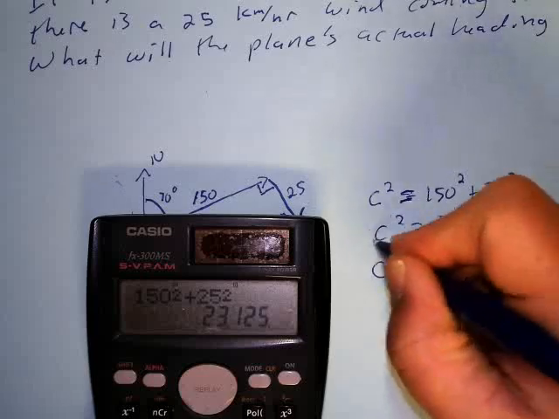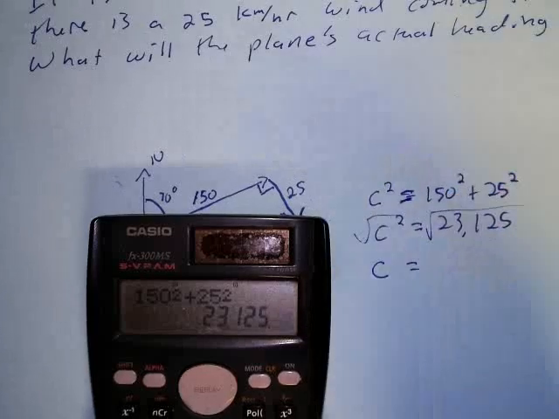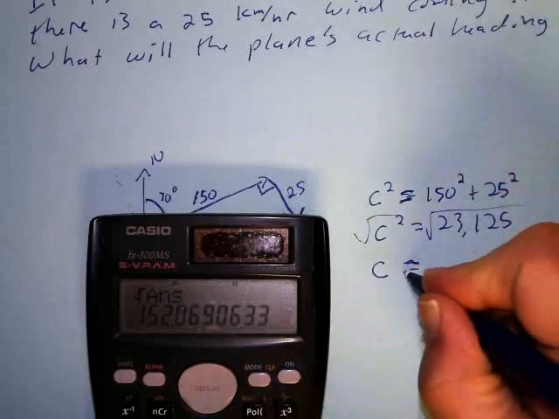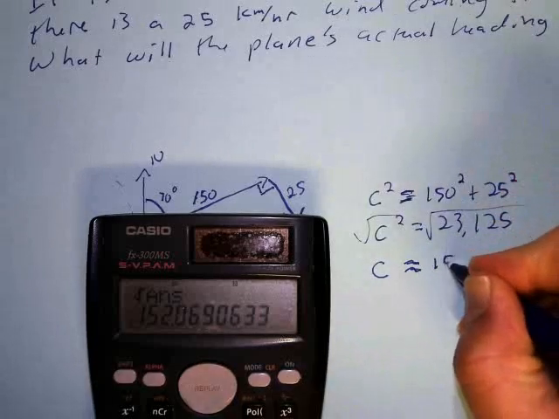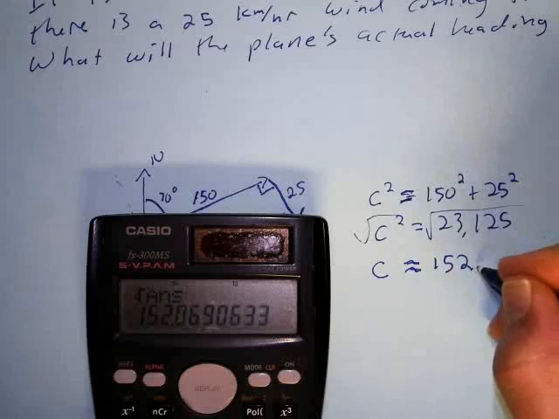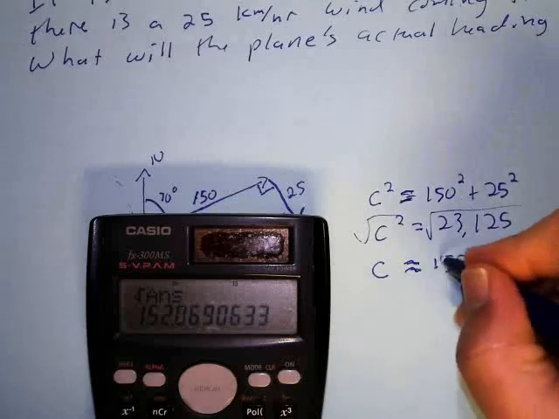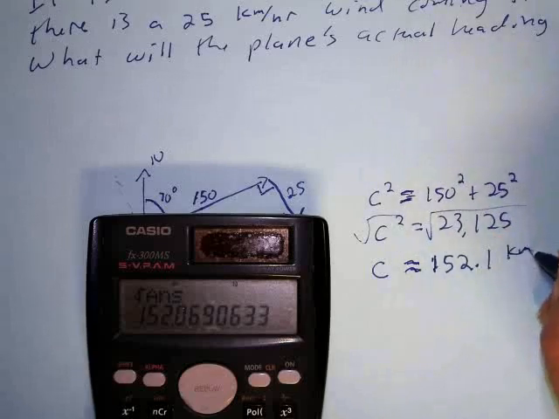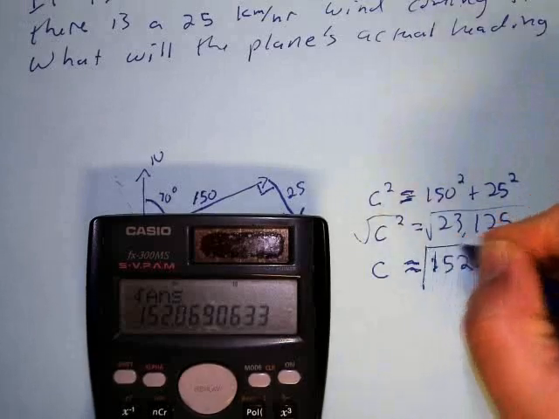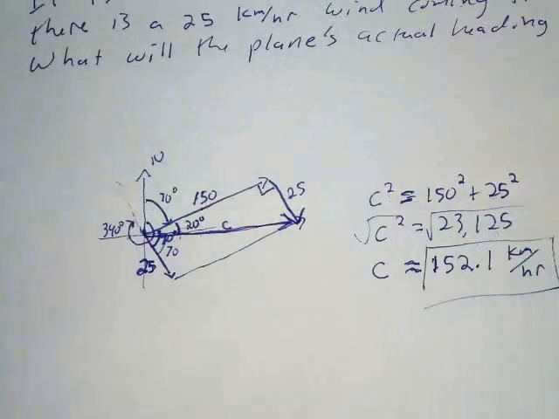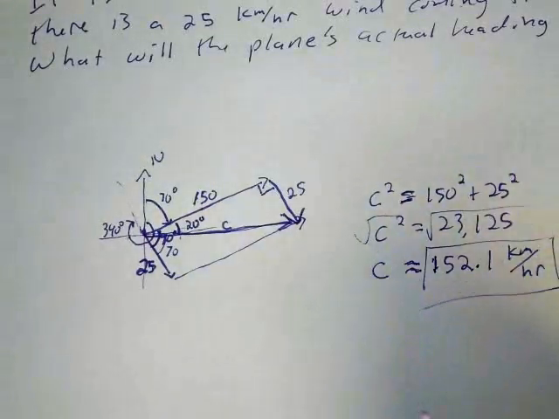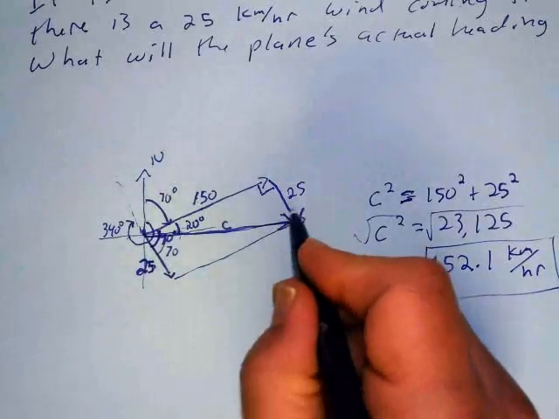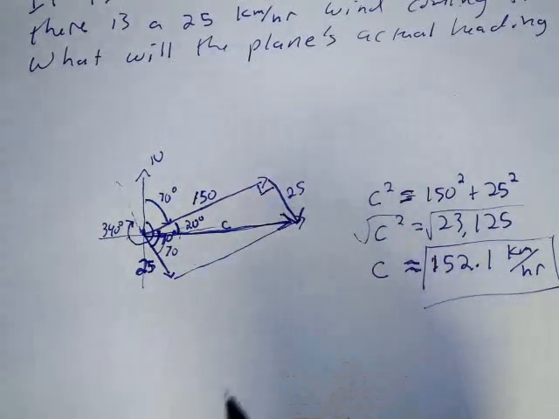So my c would be the square root of that, which is approximately 152.1 kilometers per hour. And that would be my magnitude. I didn't need the law of cosines there because I had a right angle, and all of these would be right angles.